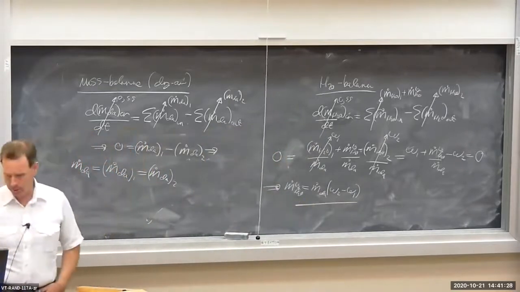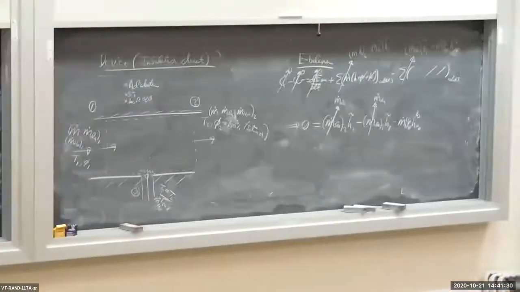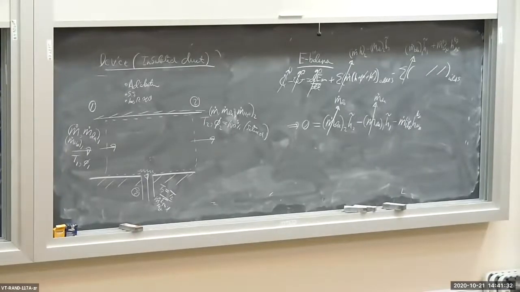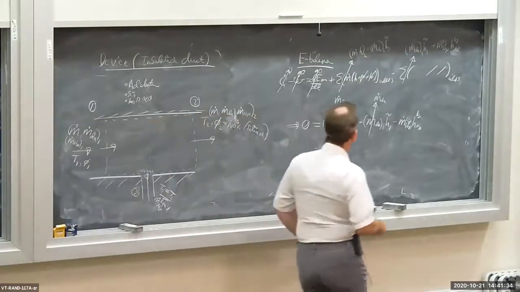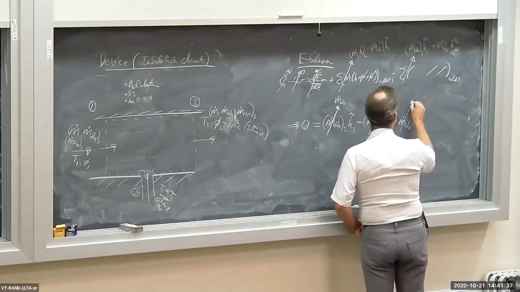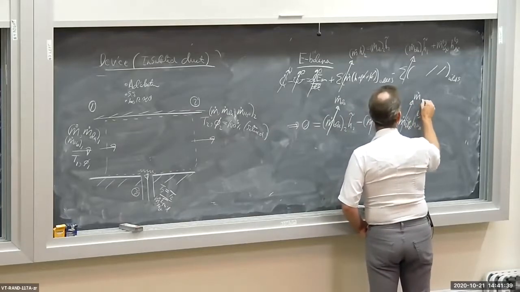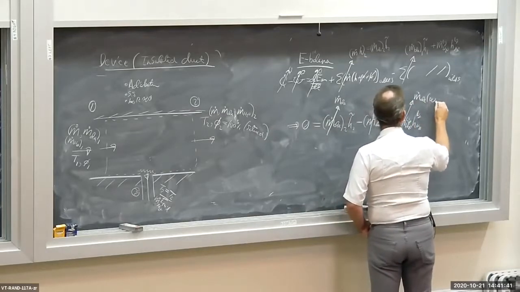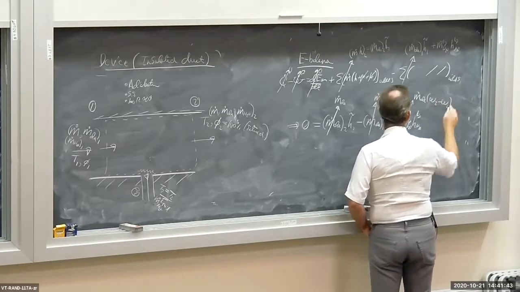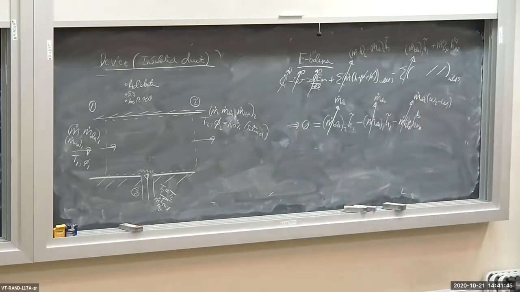I'm going to substitute this into my energy balance. So this m dot liquid H2O is m dot dry air times omega 2 minus omega 1. Okay?